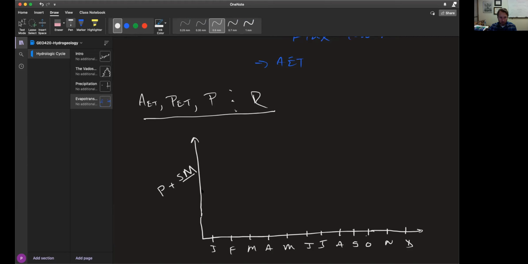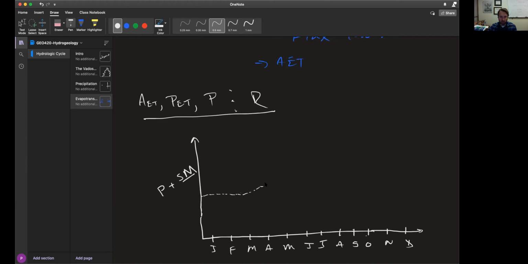All right. So January, February, we're getting precip at a pretty steady rate, roughly. And that goes through March, and actually April is our wettest month in Montana by a little bit.